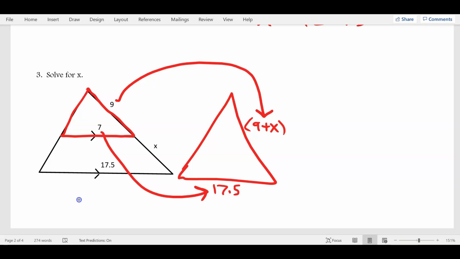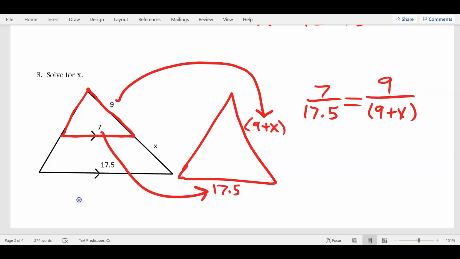All right, now we can set it up, cross multiply and divide, cool? Again, I'm going to set this up, 7 over 17.5. Don't forget the equals. 9 over 9 plus x in parentheses. And could you cross multiply and divide that? Since we've done it numerous times together, I'm going to do this a little bit faster.